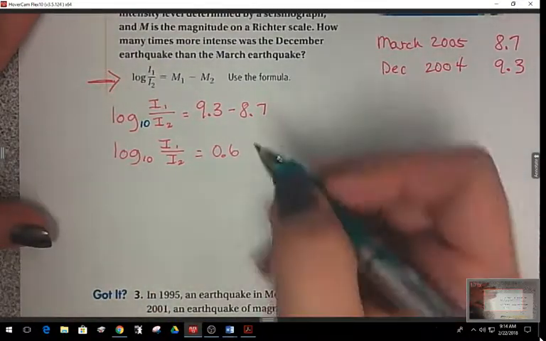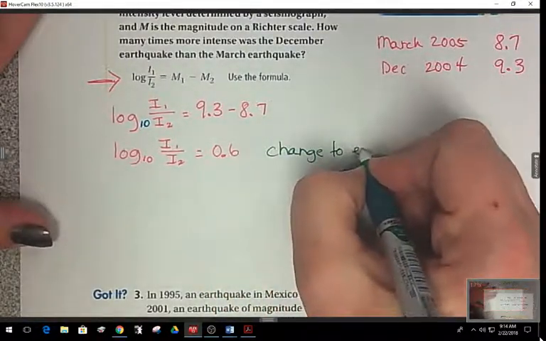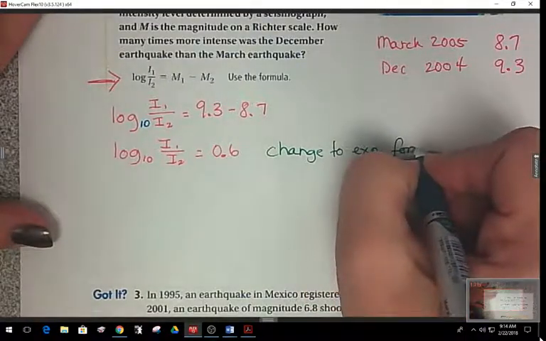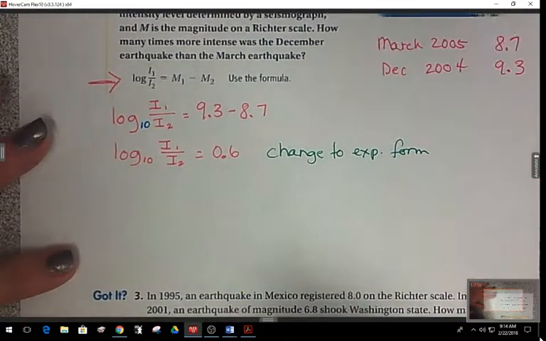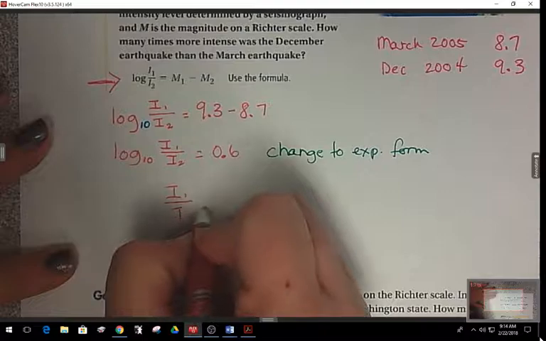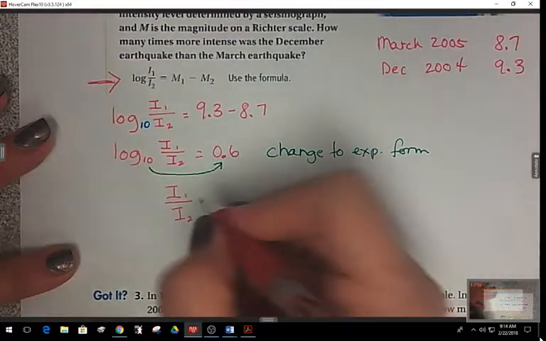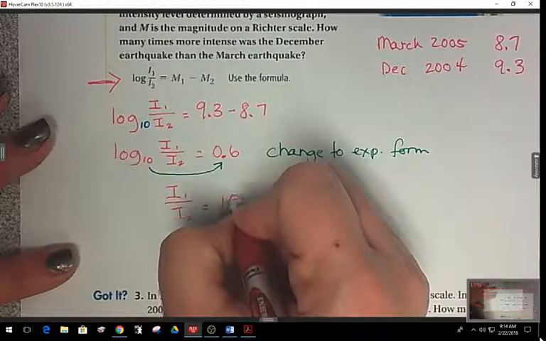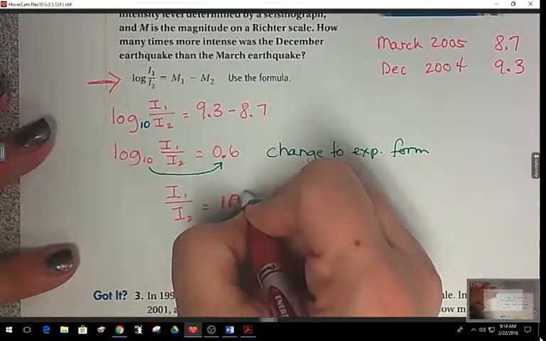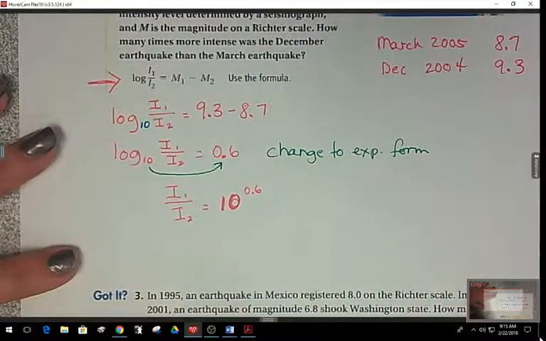And what we're going to do at this point is change to exponent form. So to do that, remember, you're going to bring this I sub 1 over I sub 2 straight down, and then on the other side, you're going to do 10 to the 0.6 power. And now I'm just going to type that in my calculator, and round it to a whole number.